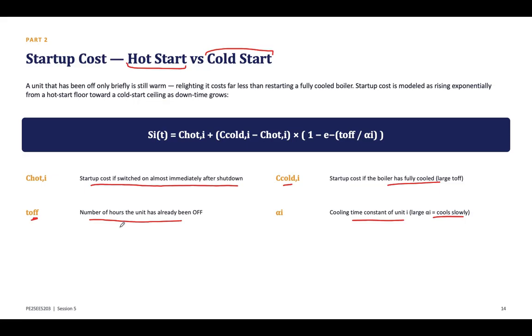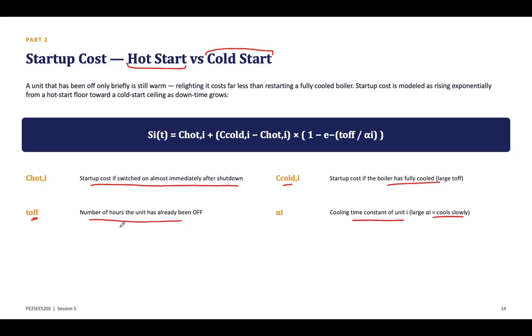The model is important conceptually because startup cost may depend not only on whether the transition occurs but also on the duration of the preceding off state. More advanced unit commitment models therefore track unit history in greater detail. The exponential startup model is a convenient, continuous approximation.